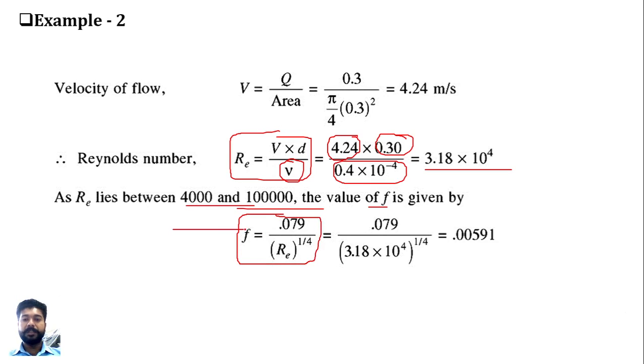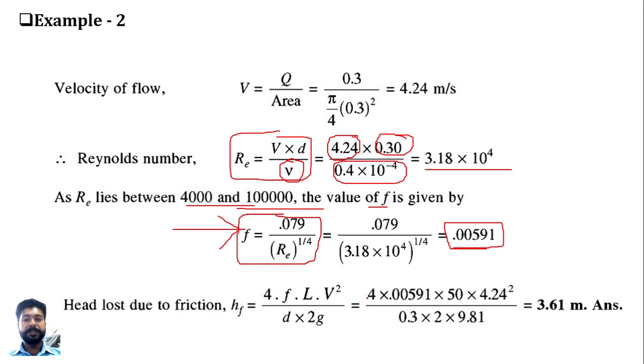We can use this equation for f, and the value of friction factor is 0.00591. Let's put this value in the Darcy formula for head loss: 4 into f into L into V square divided by 2gD. So the head loss due to friction is 3.61 meter.